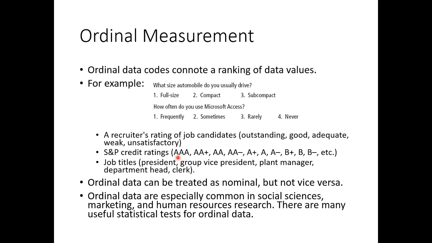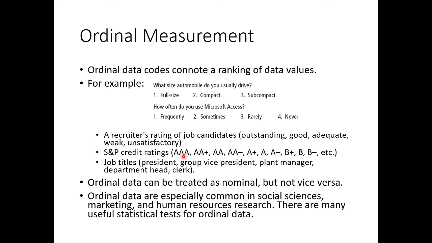AAA is the best company, with very low default probability, and B minus is almost a junk bond, which has very high probability of being defaulted.